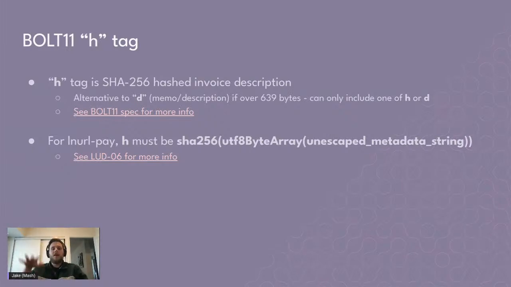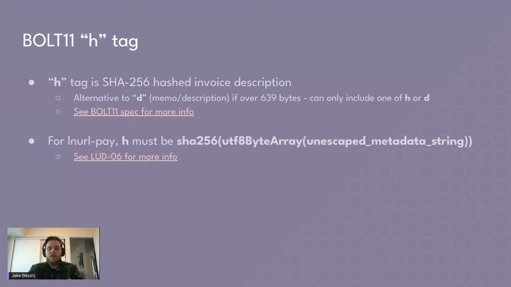And as the receiver service, you need to do that and put it within the H tag. And then it's also the responsibility of the sender, who is generating the invoice with LNURL pay, to make sure that the H tag matches the metadata that was originally returned. So both are computing it, and there's a check by the sender before they actually pay the invoice that was returned, just to make sure that nothing fishy is going on.